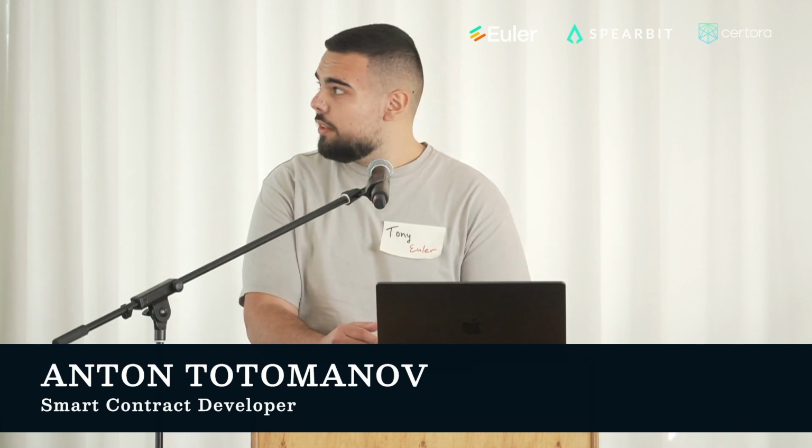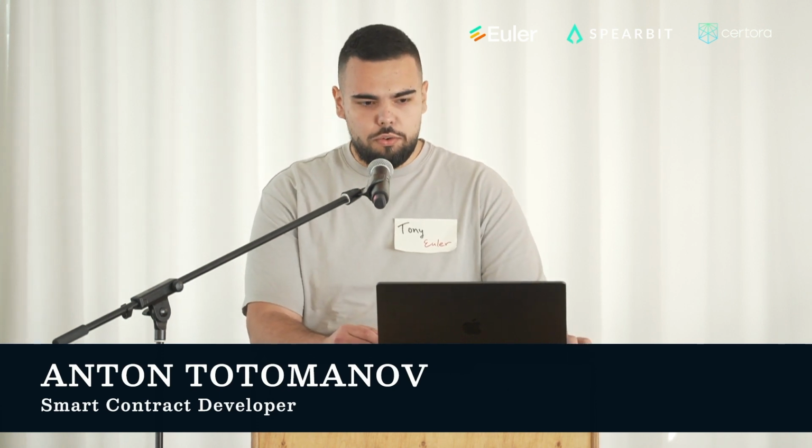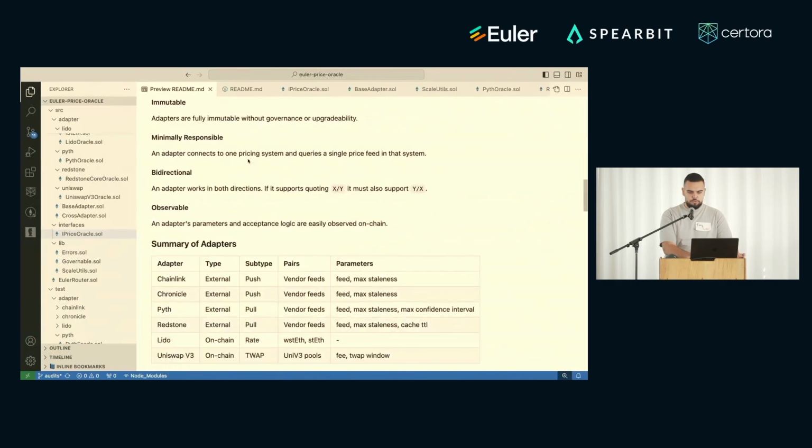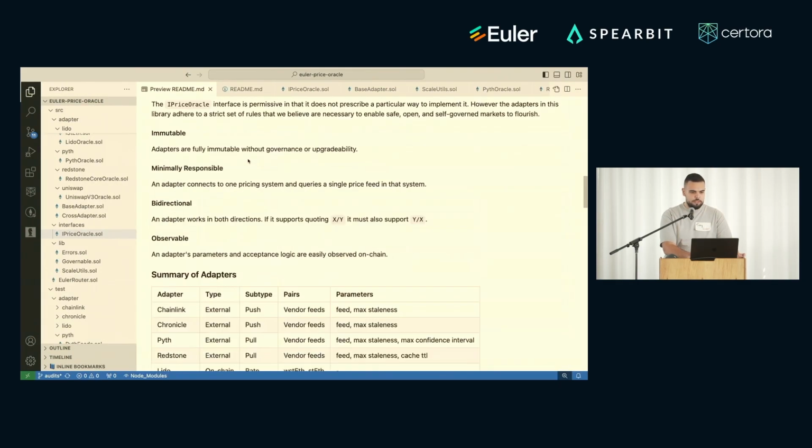I'm going to start with showing you the resources that we already have for the price oracles. Check out the README first, as always, for instructions to clone, build, and test.